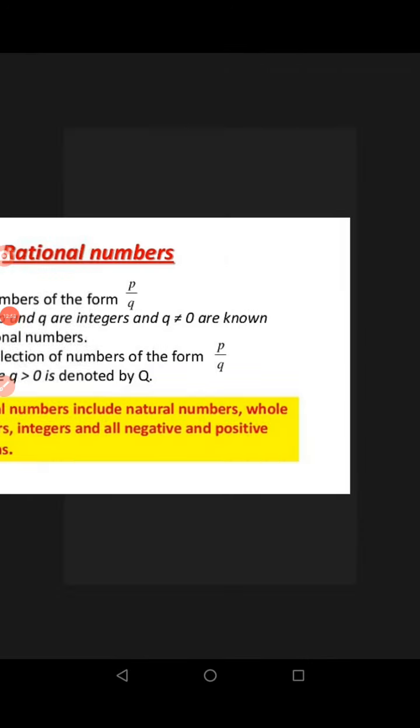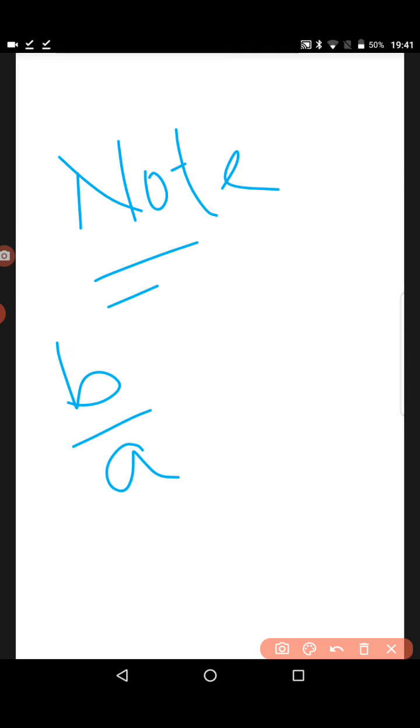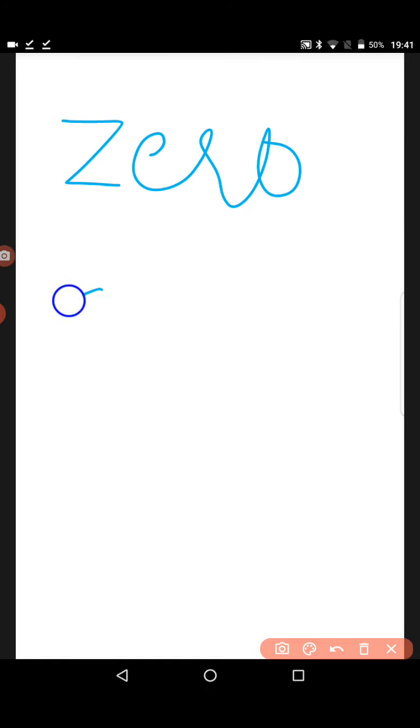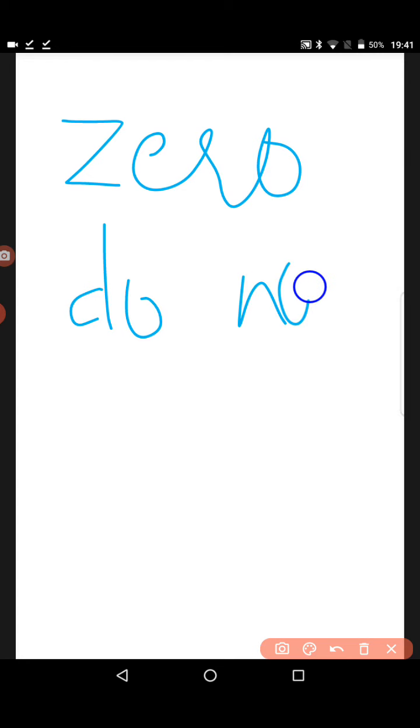Yeah, now let's begin. We have some note points now. What are the note points? Let's look. If I have the number b by a, its reciprocal will be a by b. And one more thing, 0 does not have a reciprocal.